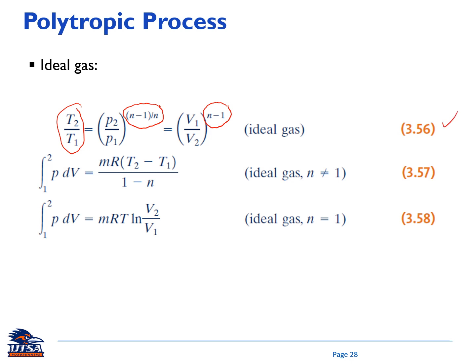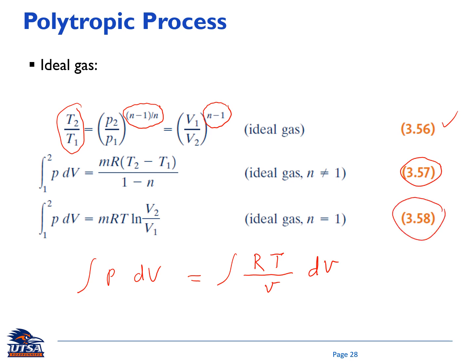Similarly, in the integral of P dV, you can substitute P by the ideal gas formula, R times T divided by V, and then dV. If you integrate this equation, you will get equations 3.57 and 3.58 depending on the value of n.